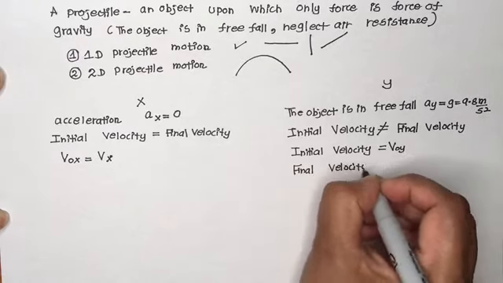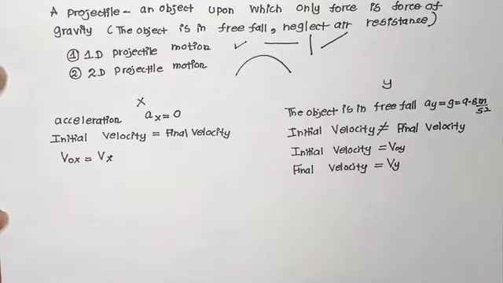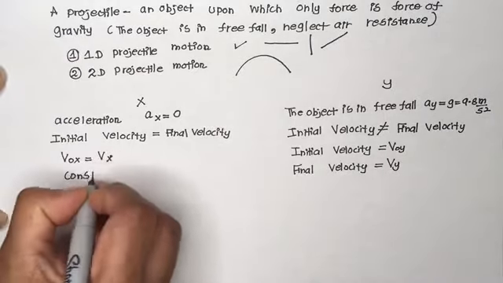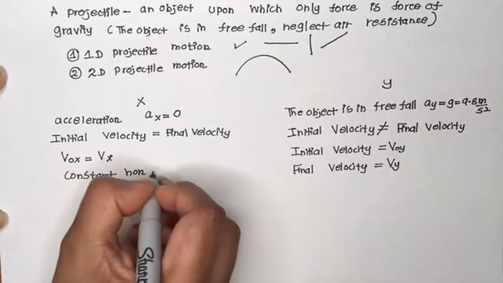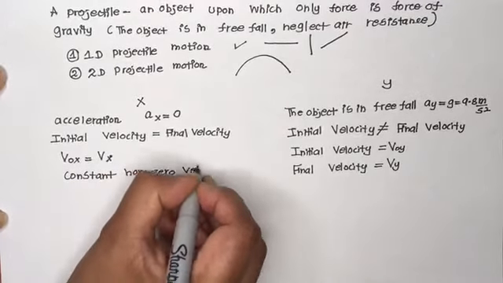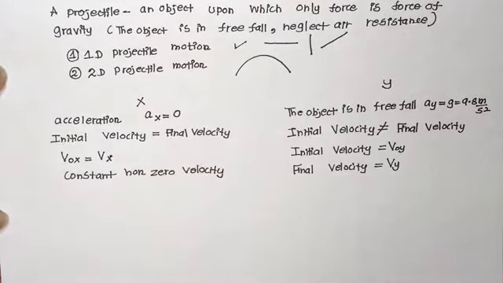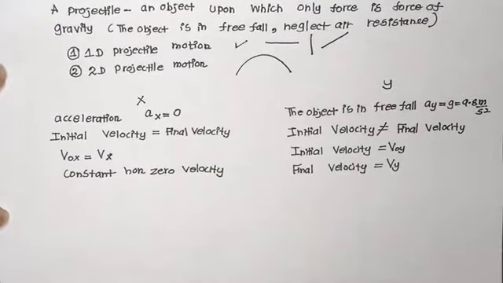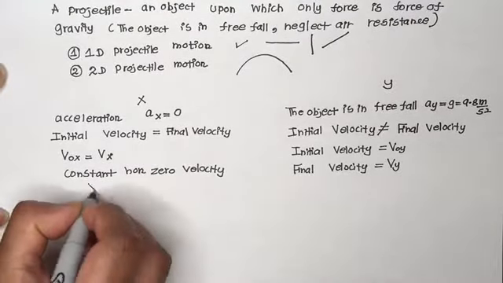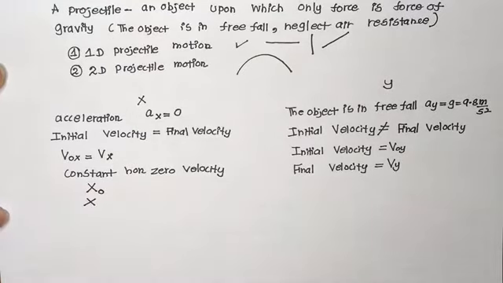And we use v naught y and vy as the symbols. And in x direction, we have a constant non-zero velocity because acceleration is 0. And initial position x naught, final position x, initial position y naught, final position y.